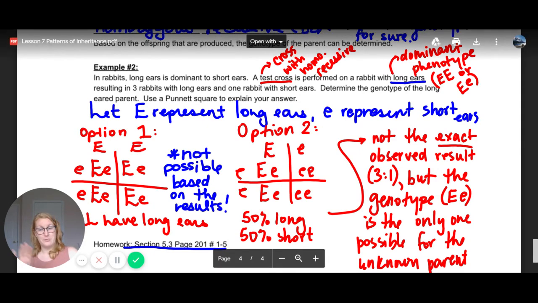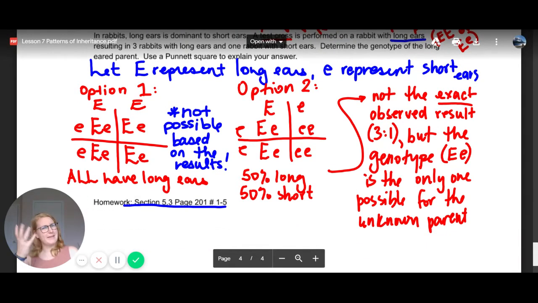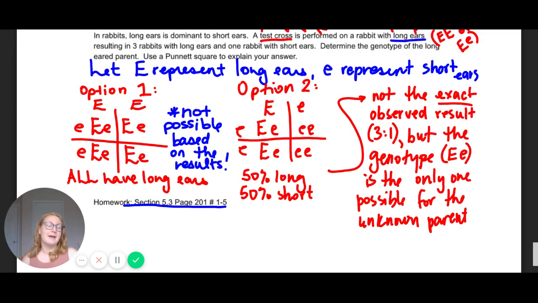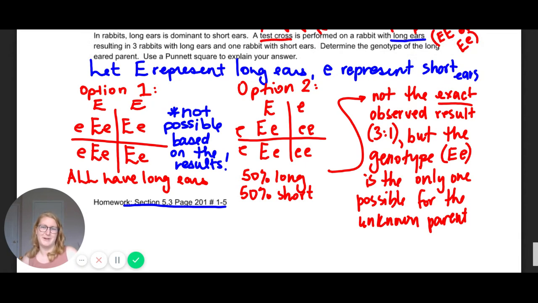However, I only have information about 4 individuals here. This one, option 2, is the only one that makes sense, because if it was option 1, none of them could wind up being short-eared. So my therefore statement, the genotype of E with a small e, or the heterozygous, is the only one possible for this unknown parent. Otherwise, there's no possibility of us getting any individuals with short ears.